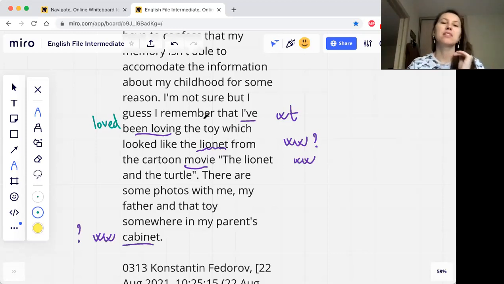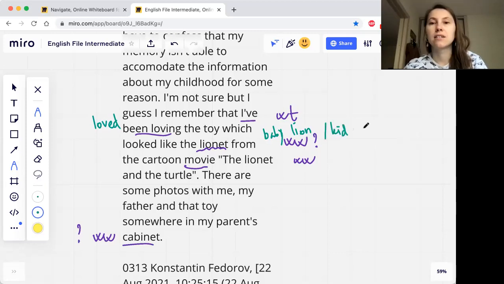This is what a lioness typically means for a native speaker. If you want to express a kid of somebody, you can say a baby lion, for example. Baby lion or kid lion would be also more understandable.